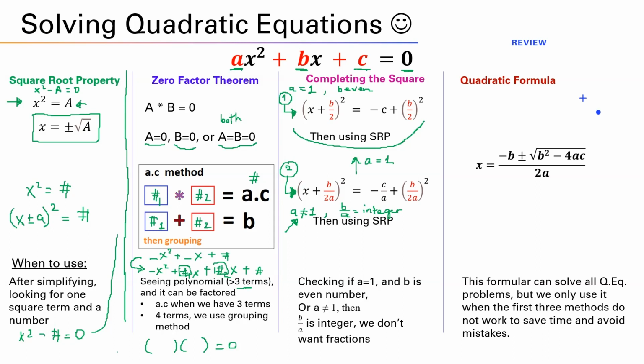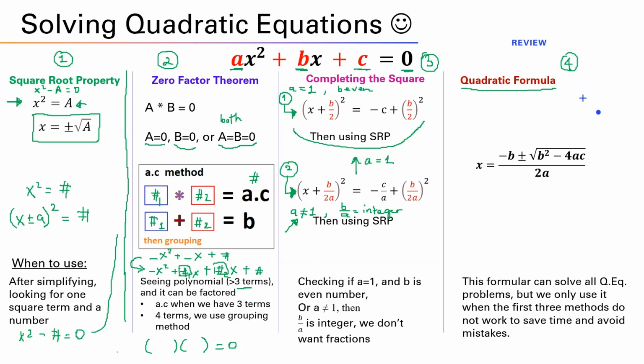All right. Other than that, we use the last method, which can solve all quadratic equations, right? But we want to make sure that we check the first one. If it does not work, we do the second one. If it does not work, go to the third one. And if it does not work, yes, go to the last one. Why do we have to follow that?